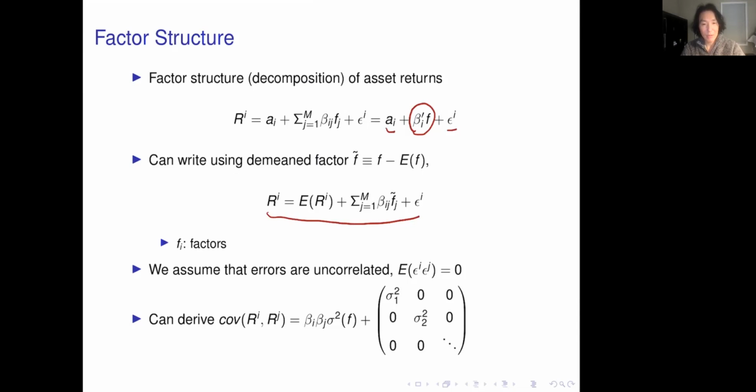Then we can derive the covariance between any two assets as the covariance coming from the common factors plus the idiosyncratic variance component. We only have the diagonal components, because these are the variances of idiosyncratic returns, whereas all the off-diagonal elements are zeros.